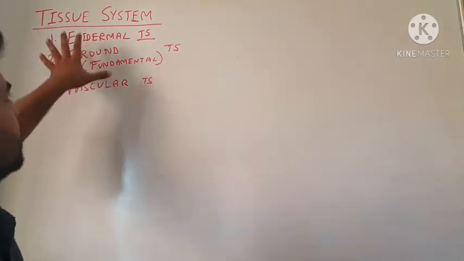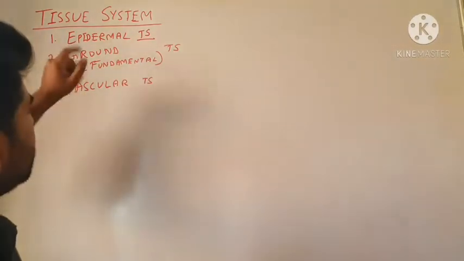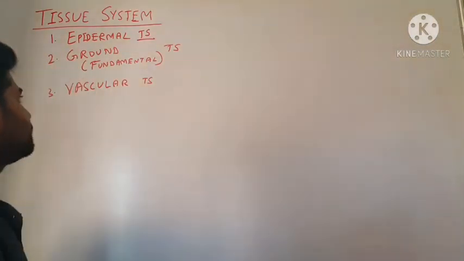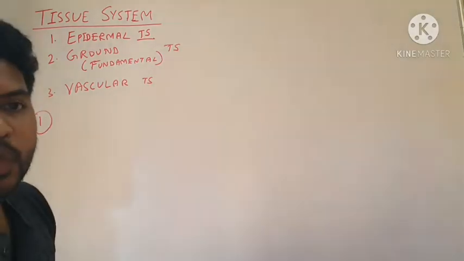So these three are the different types of tissue systems seen in plants. Let's discuss them one by one. First, we have the epidermal tissue system.